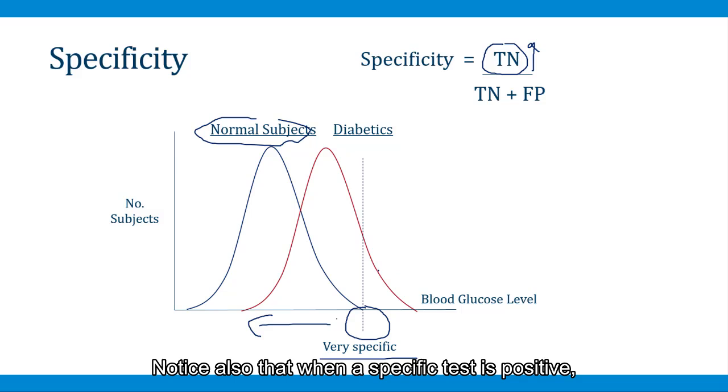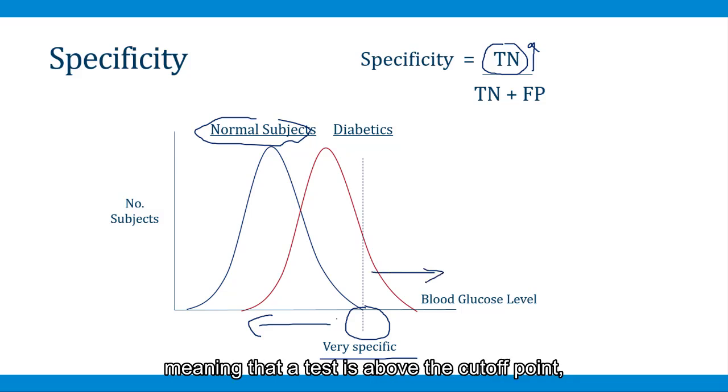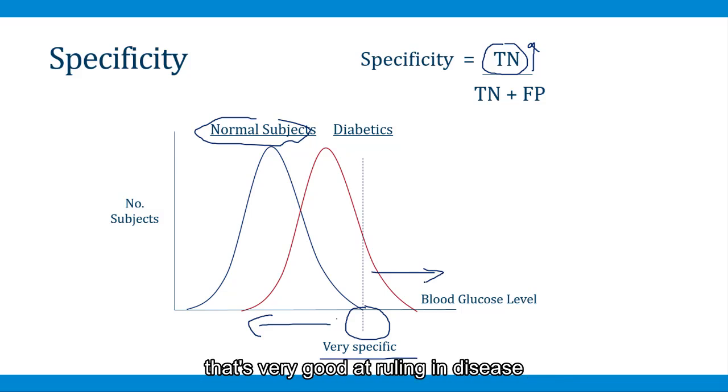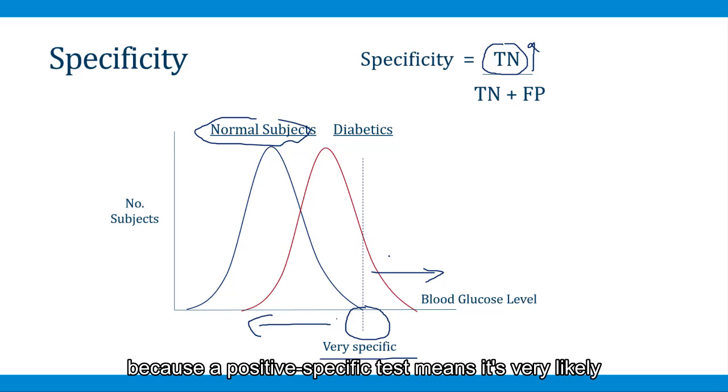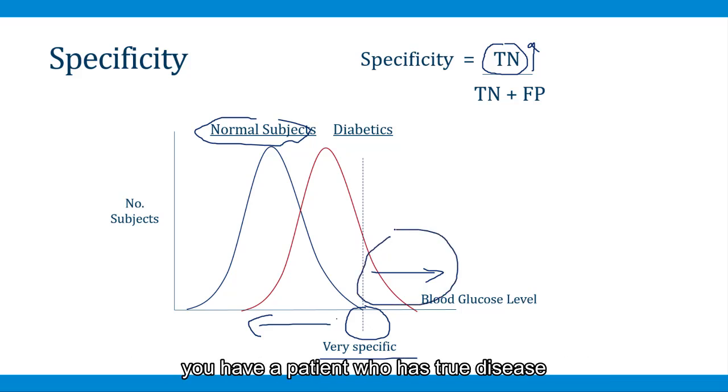Notice also that when a specific test is positive, meaning that a test is above the cutoff point, that's very good at ruling in disease because a positive specific test means it's very likely you have a patient who has true disease, who is truly diabetic.